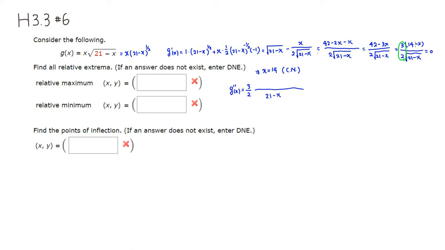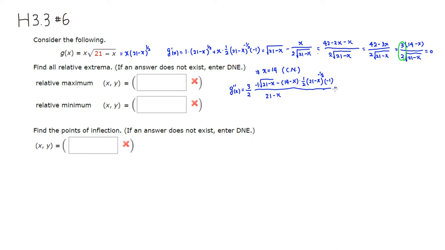Then the derivative of the top is negative 1 times the bottom, which is square root of 21 minus x, minus the top, 14 minus x, and then the derivative of the bottom, which is 1/2 times the quantity 21 minus x, subtract 1 from the power, and then multiply by the derivative inside, so it's negative 1. Right, so we got that.